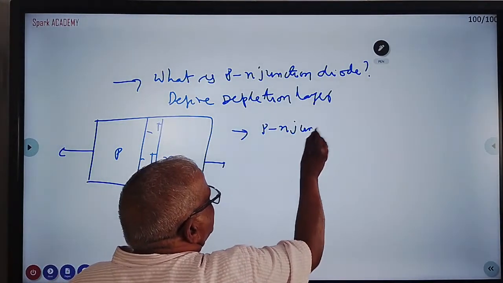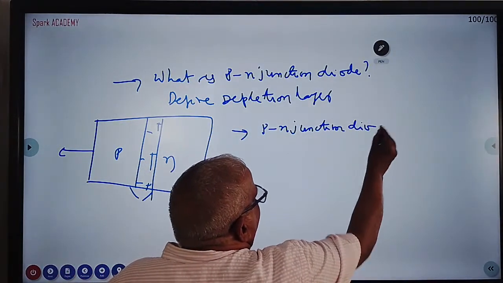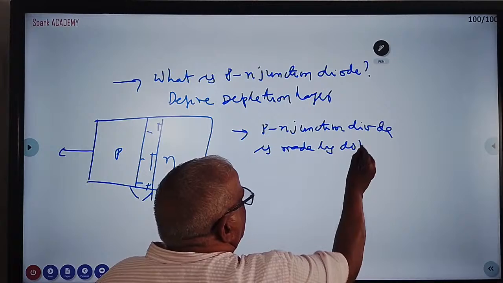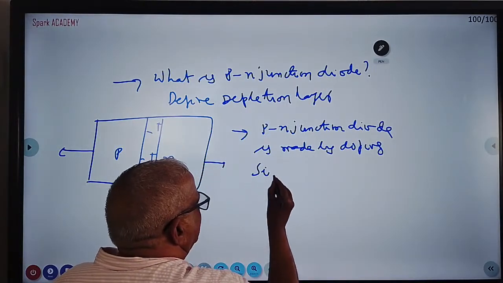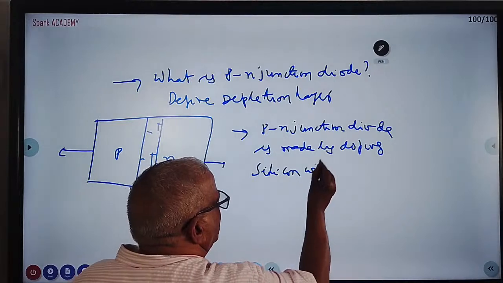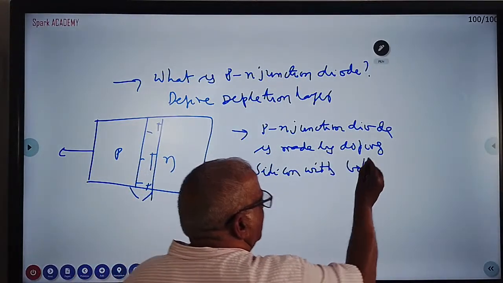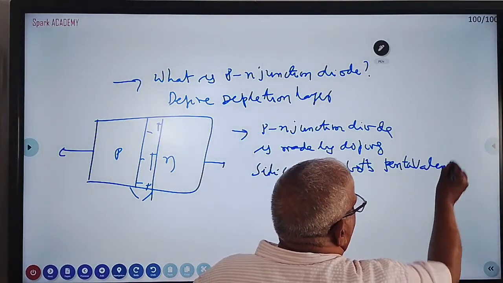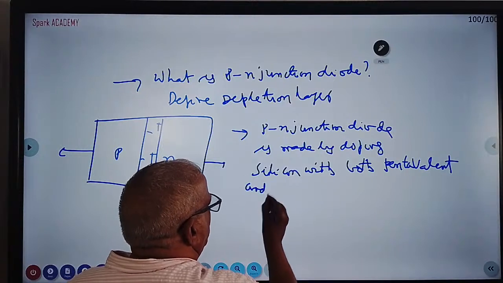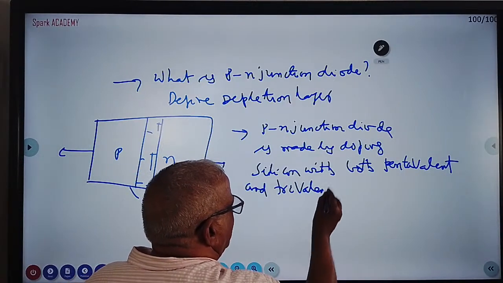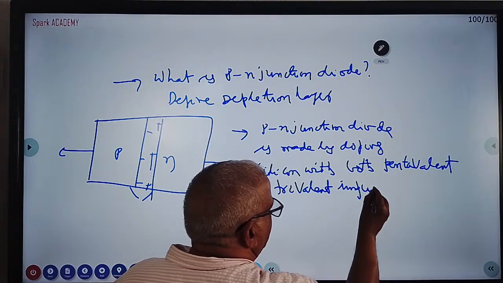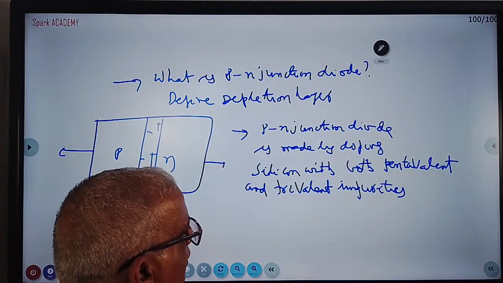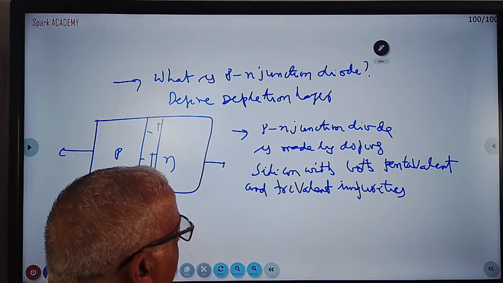A PN junction diode is made by doping silicon with both pentavalent and trivalent impurity atoms.